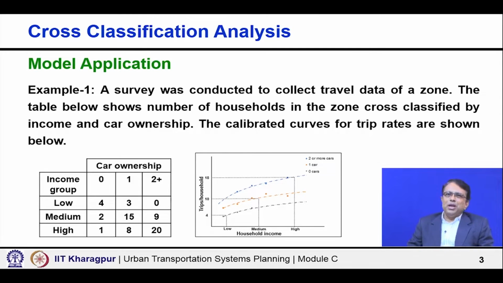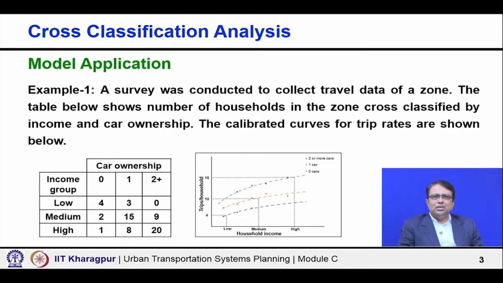The first example I have taken is like this. A survey was conducted to collect data for a particular zone. The table below shows the number of households in the zone cross classified by income and car ownership.